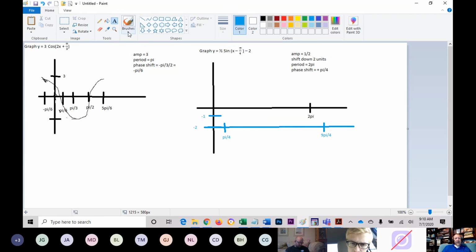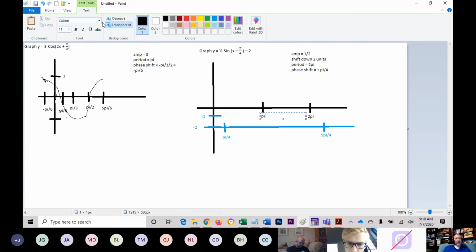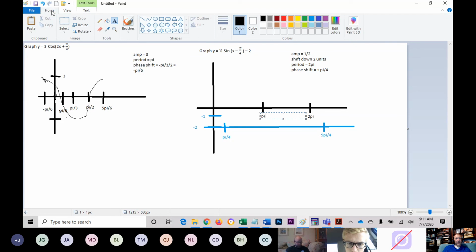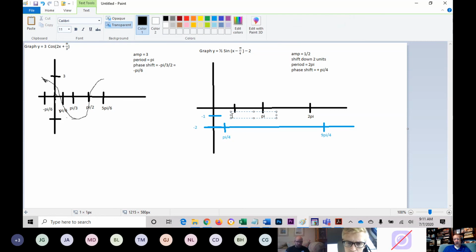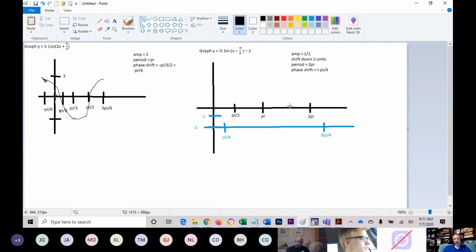So now I can draw my sine wave. Just for reference, we know that this would be pi. I'm going to draw these in here because I think it's going to be helpful for you to find these. This is going to be pi, this is going to be pi halves, and then this is going to be 3 pi halves.